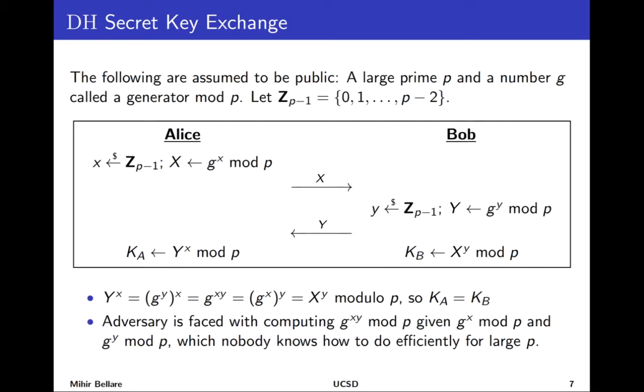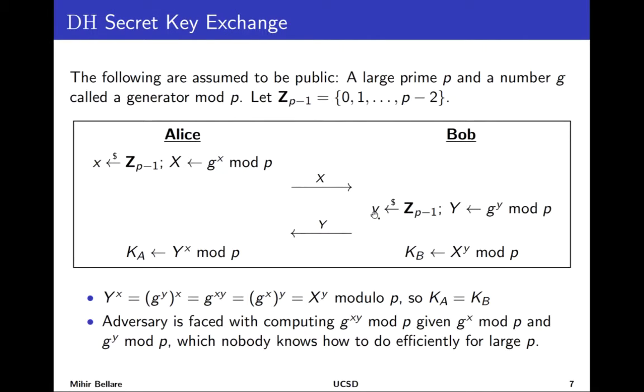Now let Z_{p-1} be the set of all numbers between 0 and p minus 2. What Alice does is she picks a random number x from this set, and then she raises g to that power, except that she doesn't do that just as an integer, but having done it, takes the result mod p, and that value big X is sent over to Bob.